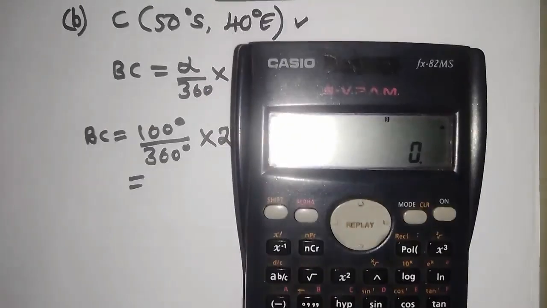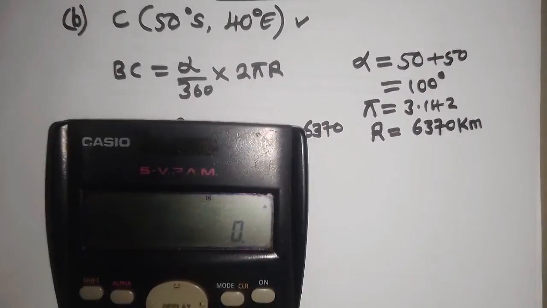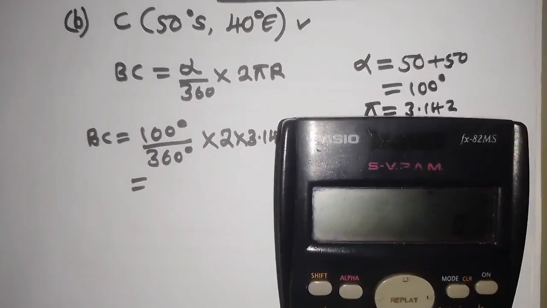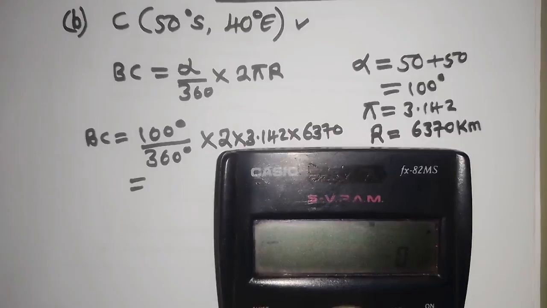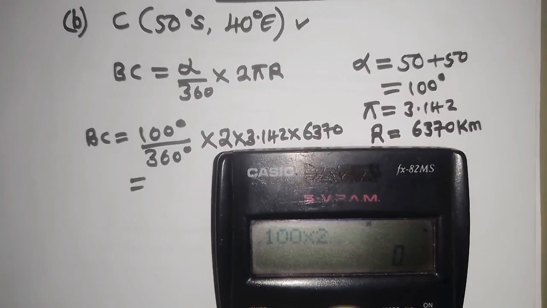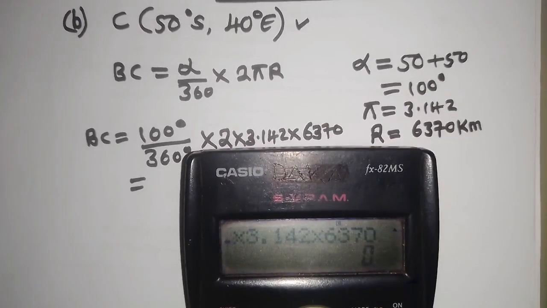Okay, I hope you can see. So you say 100 multiplied by 2 multiplied by 3.142 multiplied by 6370. Okay, so once you do that, you press equals.